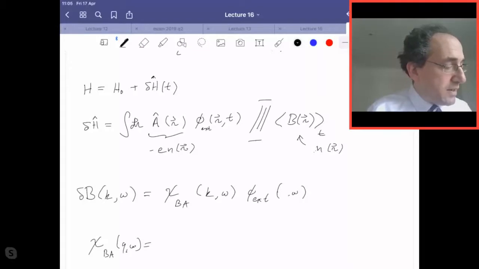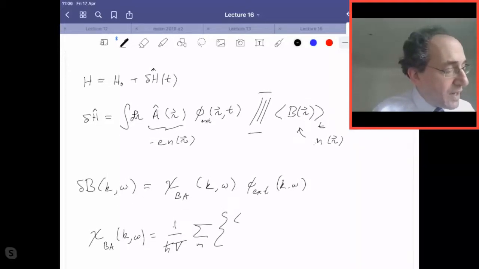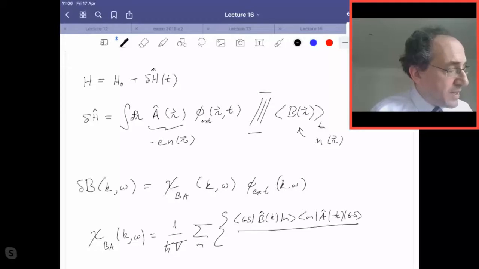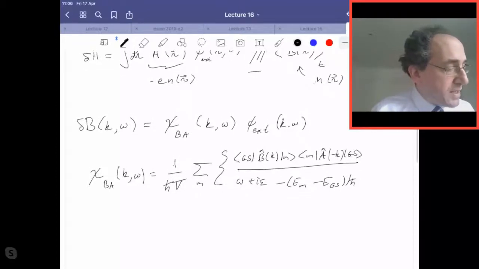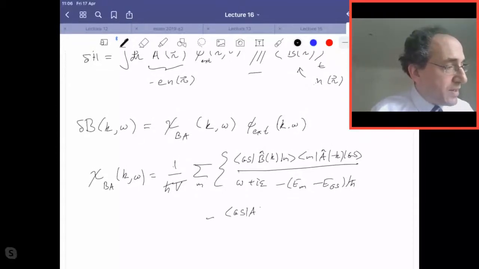Okay. It is then going to be 1 over h bar times the volume of the system, sum over all excited states m of the system, and then you have some matrix elements: ground state, b hat of k, excited state m, a hat of minus k ground state, divided by a denominator, omega plus i epsilon minus (E_m minus E ground state) divided by h bar, and then subtract from this the same thing with the orders reversed.